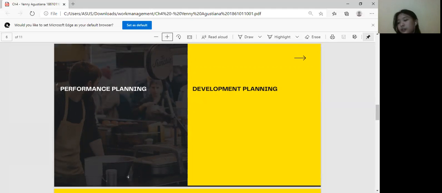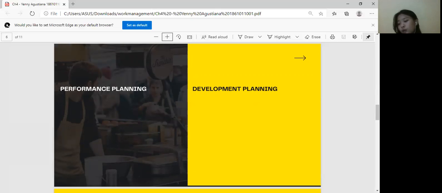And after that, the development planning is the stage that includes the preparation of an agreement of a personnel. Performance agreement defines the role requirement, objective, performance measure, and indicators, knowledge, skill, and competence.